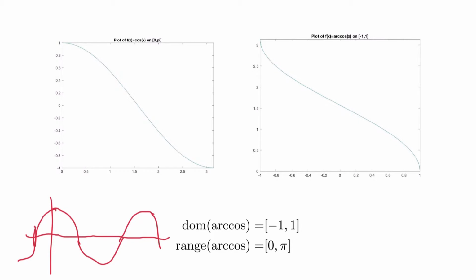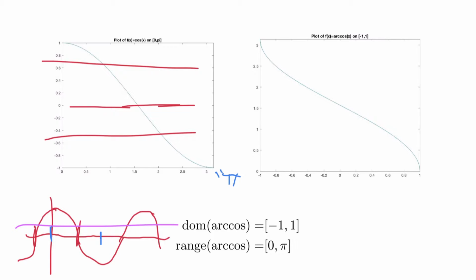Now, for sine, we used minus pi over 2 to pi over 2. That won't work for cosine. You'll see on that interval, I will still fail the horizontal line test. So instead, I use 0 to pi. And on that interval, I do pass the horizontal line test. No problems.